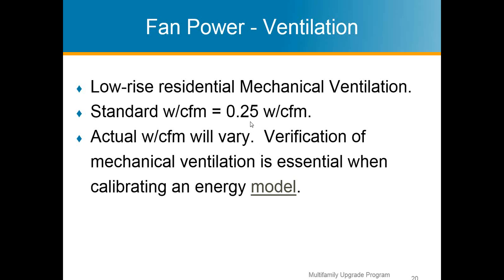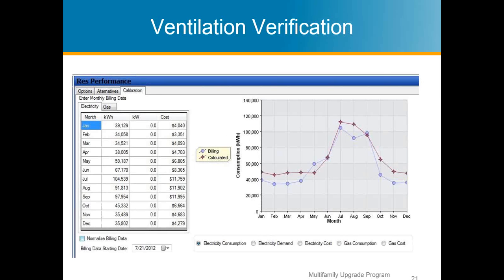I went higher, thinking that these things are going to pull a lot more wattage and not give as much CFM. So here's another graph of that. From that one change overall, you were able to see that now they're trending way more accurately. Your calculated and billing are trending almost the same there.